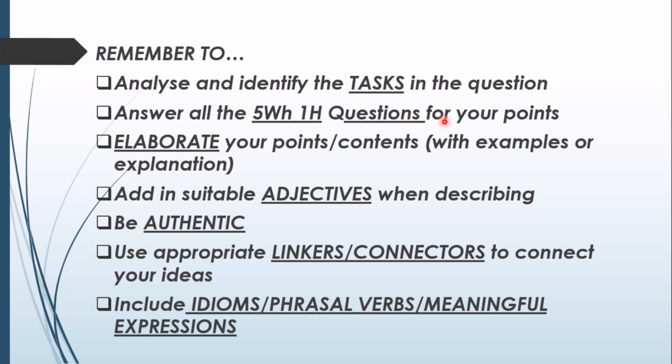For your points, of course, you have to elaborate your points with examples and explanation. Adding suitable adjectives. Remember our adjectives? Tall, good looking, friendly, and then the slick, shiny car, and then be authentic. You have Akmal, you give the name to the person. And you use linkers like then, and, finally, to connect your ideas.